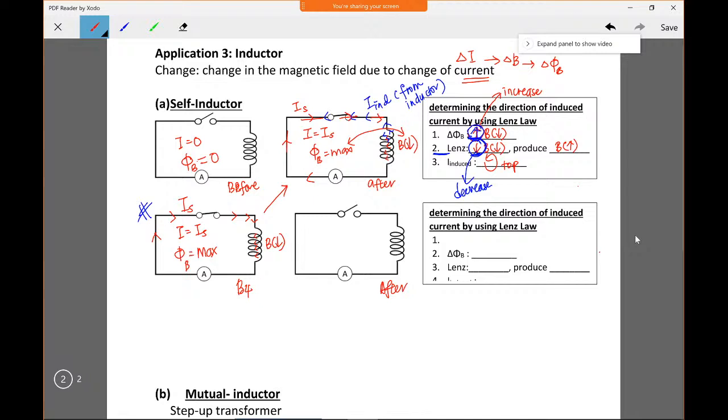The next moment, you turn off the power supply. When you turn off the power supply, there is no more current from the power supply, so current equals 0. What happens to your magnetic flux? When there is no current, magnetic flux also equals 0. Now, can you tell me what is the change in flux? Is it an increase or decrease?